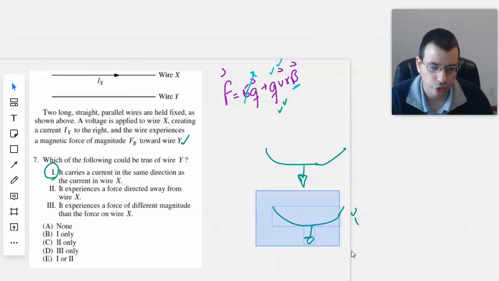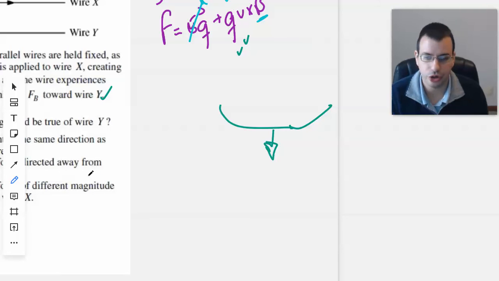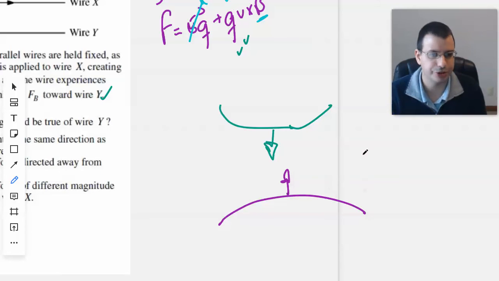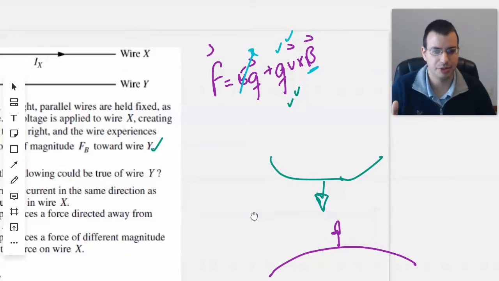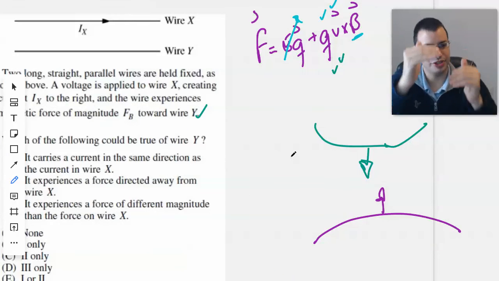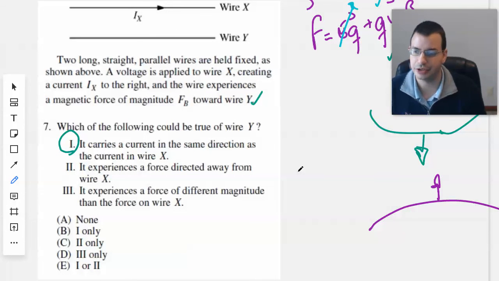So from a physics first semester point of view, you know that Y has to be pulled upwards. So the wires have to be either pulled together or pushed away from each other. They can't have both be pulled in the same direction, unless there's like some sort of third mystery force.